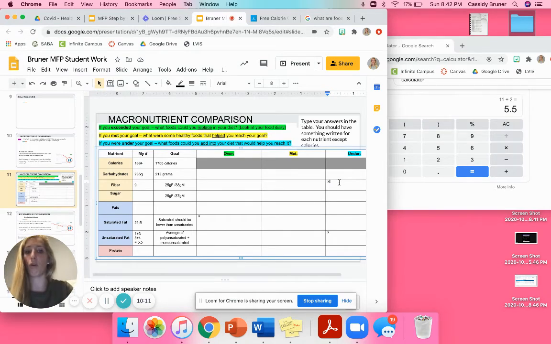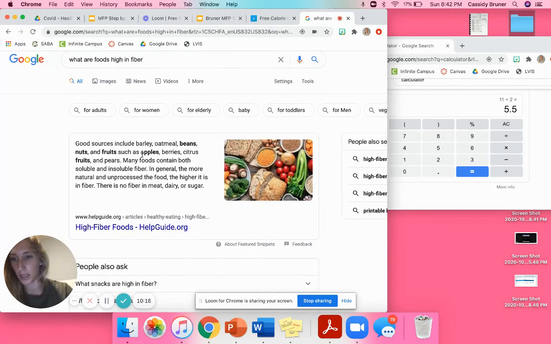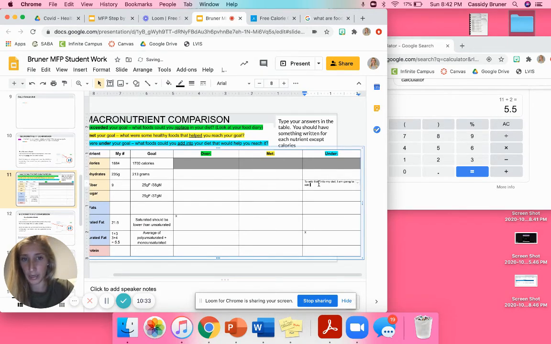How can I put more fiber in my diet? Let me be realistic here. What are some foods listed here that I could put in my diet that I like? To add fiber into my diet, I am going to add an apple with peanut butter to my plan. Boom. That's going to give me the more fiber that I need.